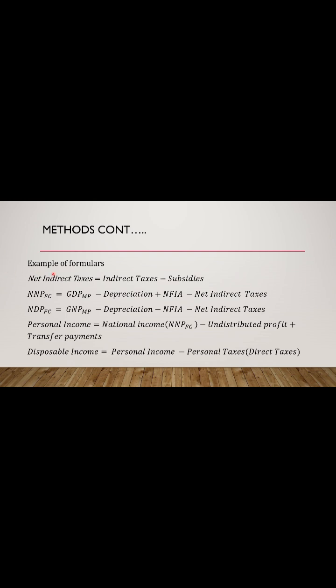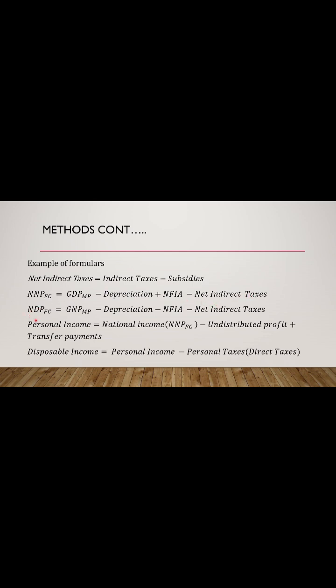Example formulas using those converters. In your mind, you should know that net indirect tax equals indirect taxes minus subsidies. Net national product at factor cost equals gross domestic product at market price minus depreciation plus net factor income from abroad minus net indirect taxes.